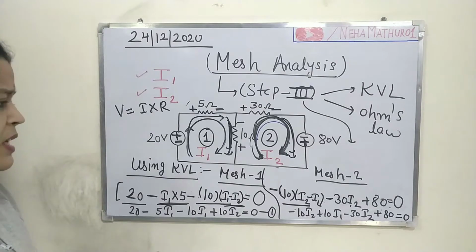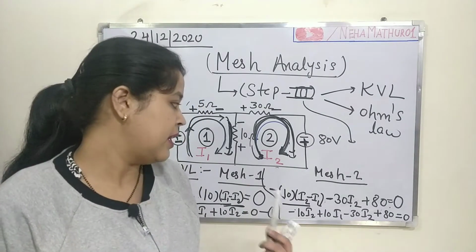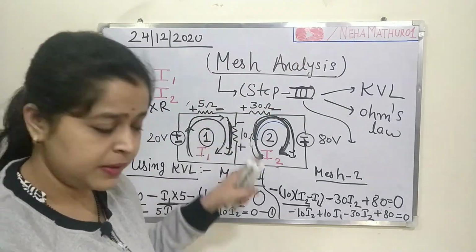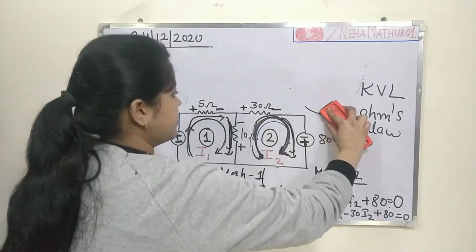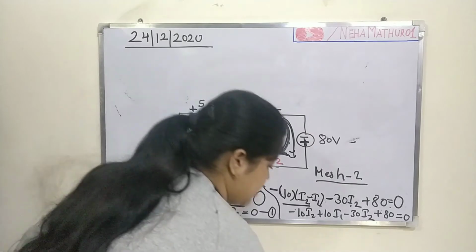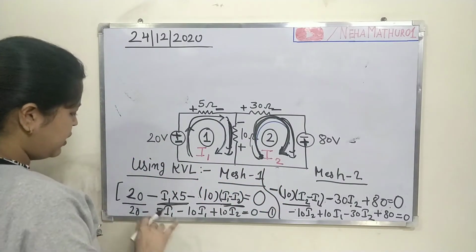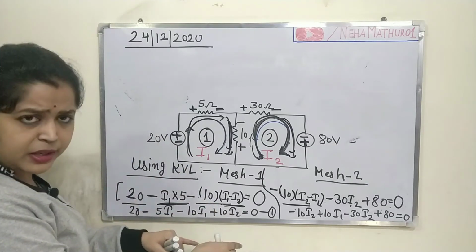Now you will have to solve these equations just by applying the basic concepts of mathematics and calculate the values of I1 and I2. So I am writing the equations over here. The first equation: just try to write it in a simple manner, collect I1 and separate it from I2.